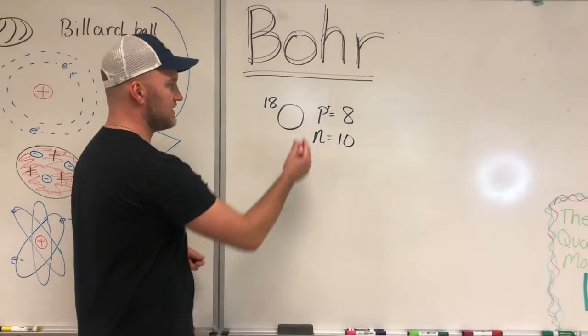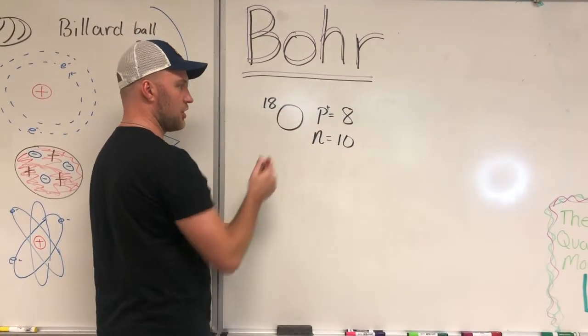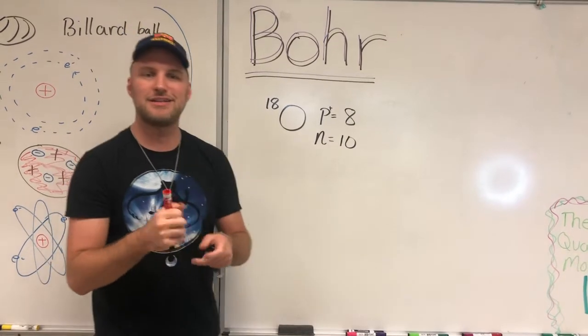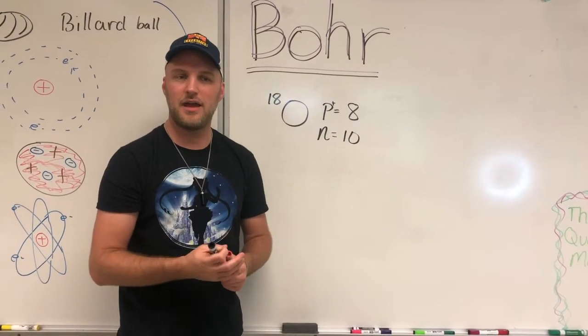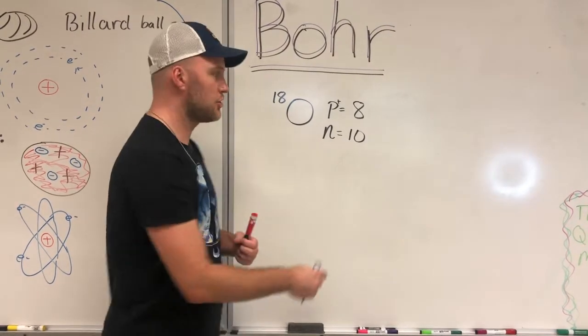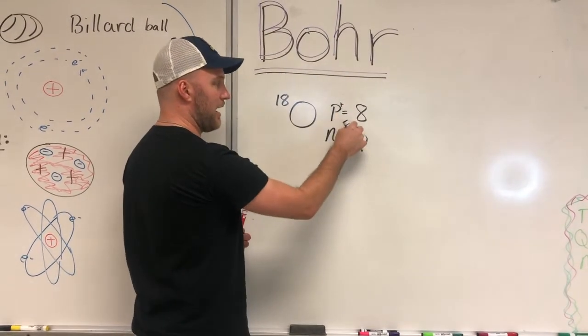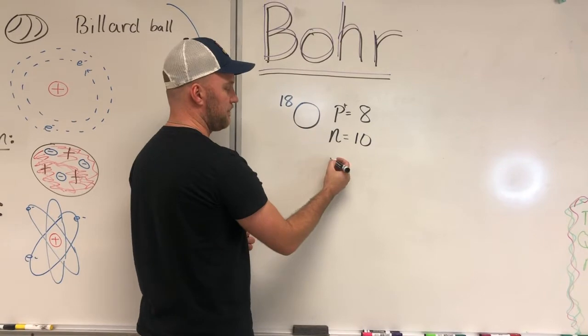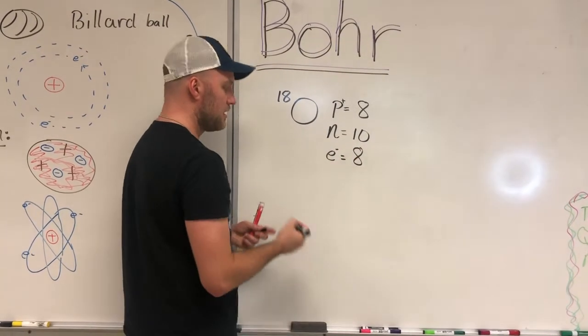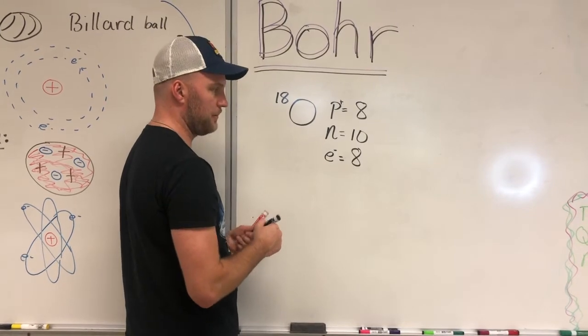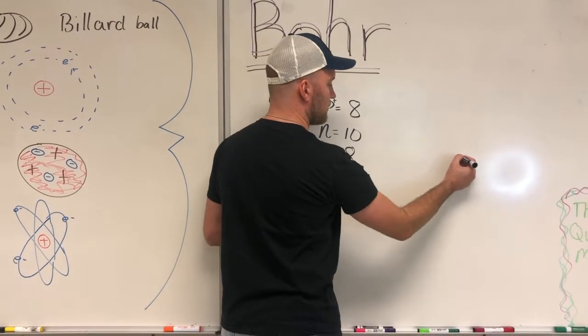Now, notice again, there's no positive or negative charge here, so this is an oxygen atom, not an ion. An oxygen atom has no positive or negative charge, so to balance out the 8 positives in the core of the atom, that must mean there are 8 electrons. So to draw the Bohr model here, I'll again start with a circle.